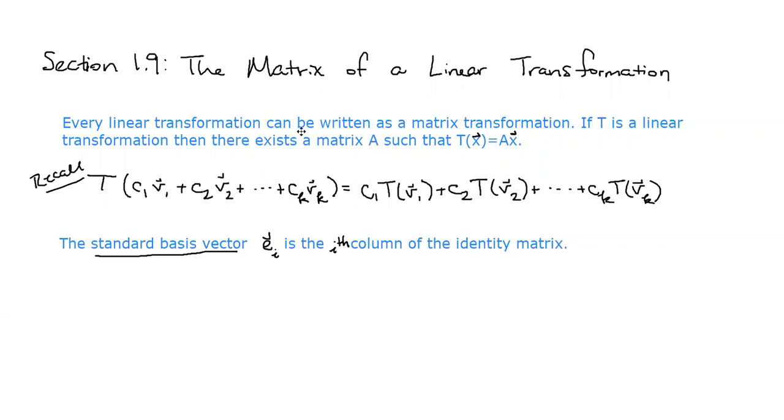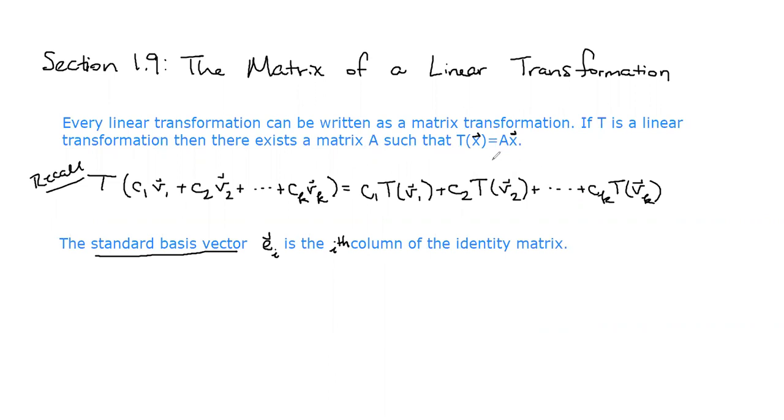So another way of saying that is that if T is linear, then there exists some matrix A so that we can encode our transformation in this matrix multiplication. The first part of what we're going to be doing today is trying to find what that matrix is.